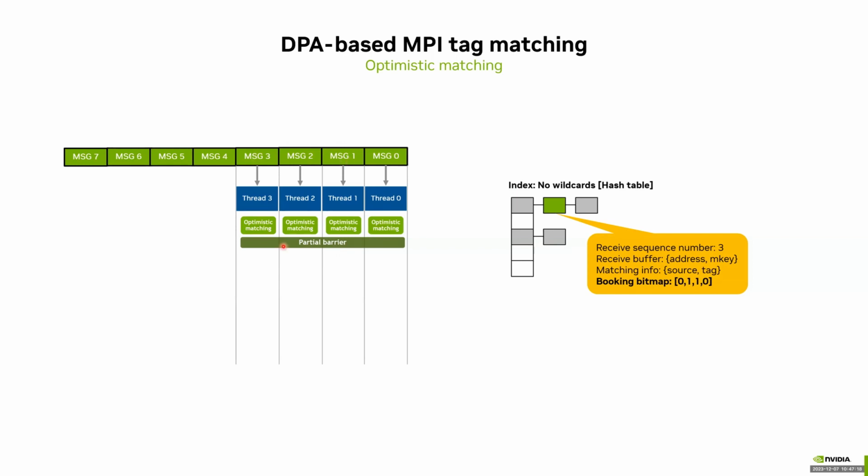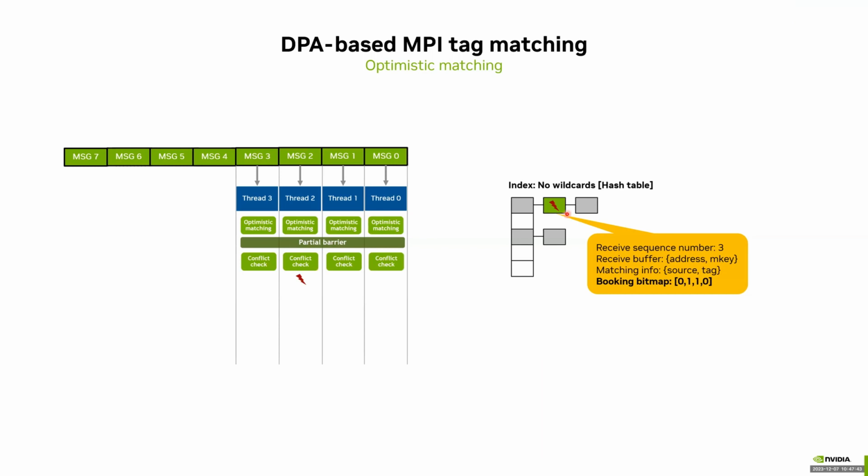This also wouldn't work with a global barrier, because maybe message 3 will never arrive, and you would get stuck with the other threads. Once we have this partial barrier, we know that the threads of interest for us have marked the receives they match, and we can check for conflicts.